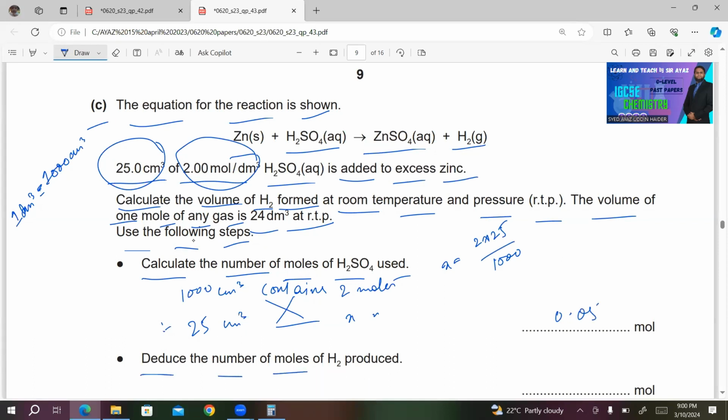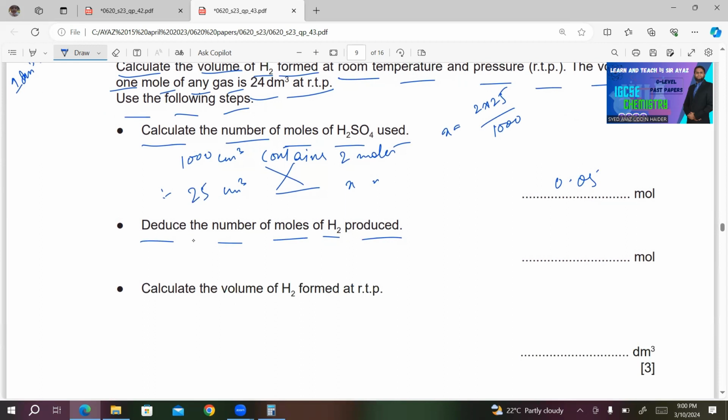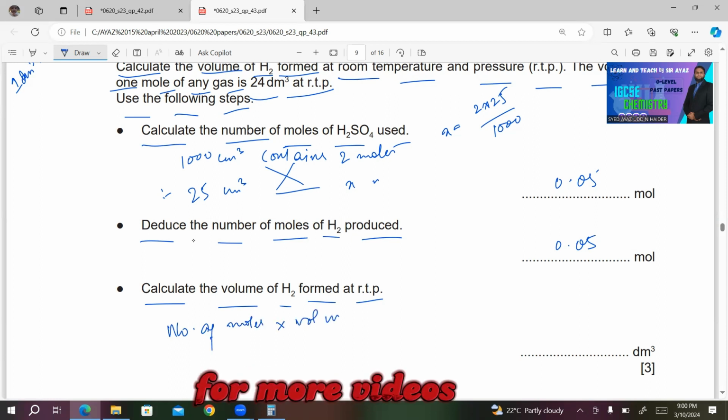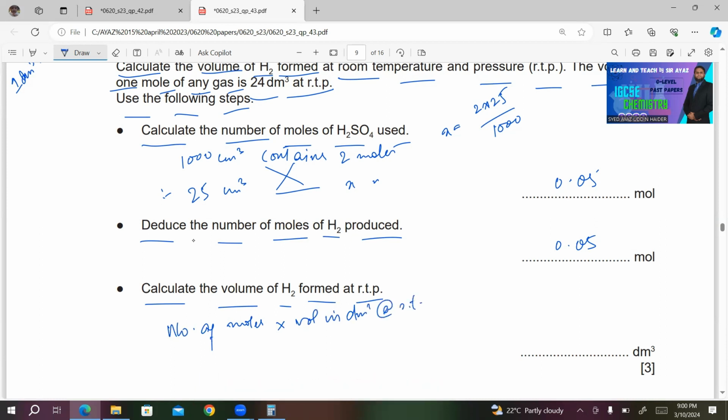Deduce the number of moles of H2 produced. Look at the relation of moles of H2 and H2SO4. It's 1 by 1. So it must be 0.05 moles. Calculate the volume of H2 formed at RTP. Simply multiply number of moles by volume in dm cube at RTP.